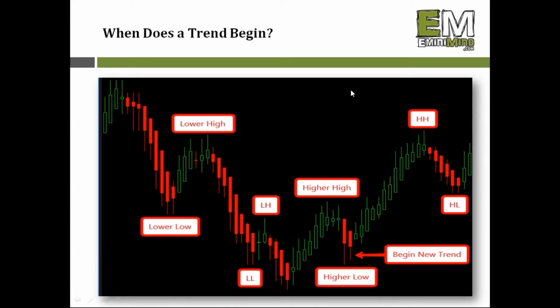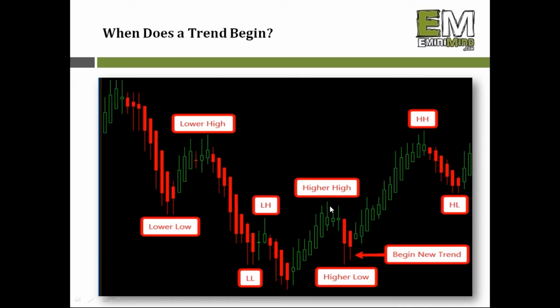You go through the chart, mark it up, and identify those lower highs and lower lows. Well, it's that point where we start breaking a lower high if we're in a downtrend. You can see how this high over here breaks the prior high. For a while, we were making lower highs and lower lows, and all of a sudden we break what's called the swing high, or in this case, the lower high.